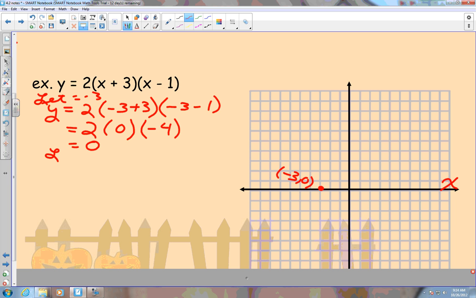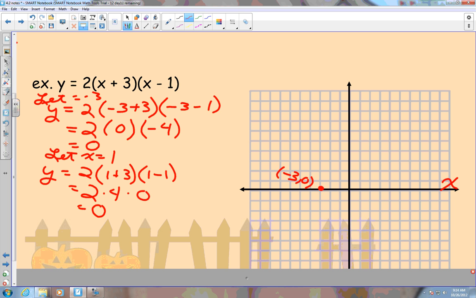So if I let x equal 1, then I get y equals 2 times 1 plus 3 times 1 minus 1. So I get 2 times 4 times 0, which is 0. So I know I have the point 1, 0 on my parabola.